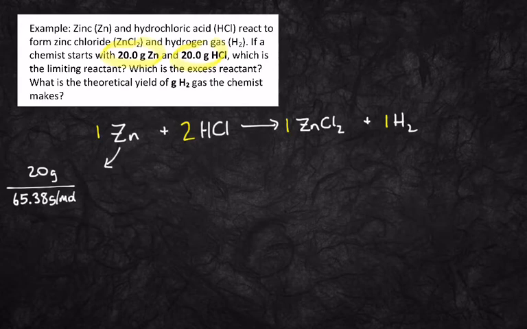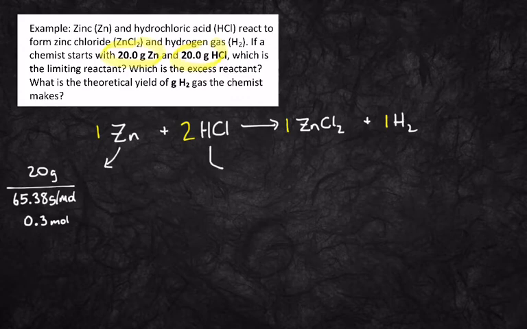To do that, we take the mass and we divide it by the molar mass. We've got 20 grams of zinc from the problem, and the molar mass of zinc is 65.38 grams per mole. I get that number straight from the periodic table. When I do that, I get about 0.3 moles or so.